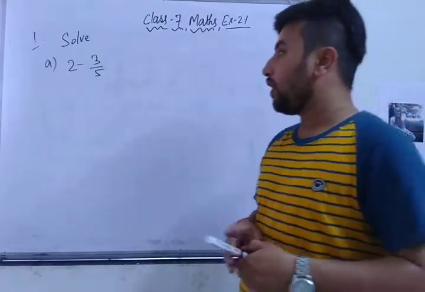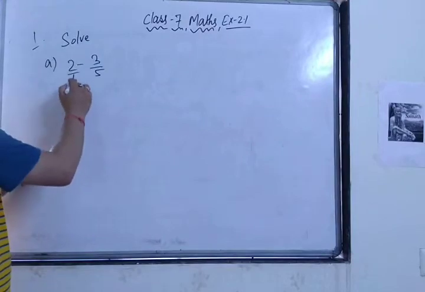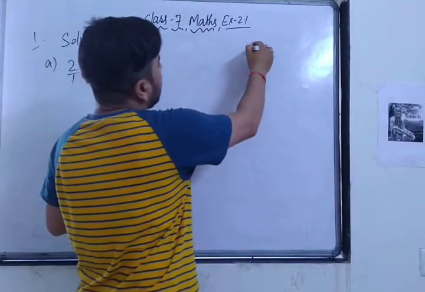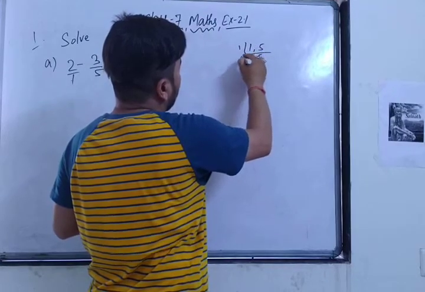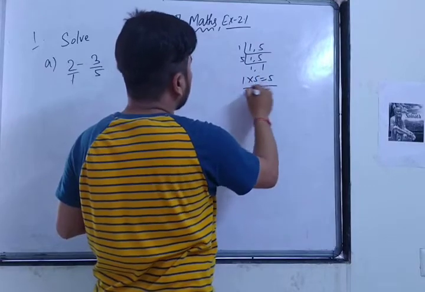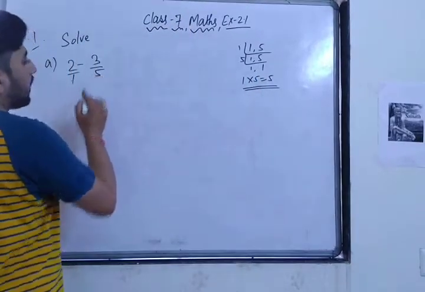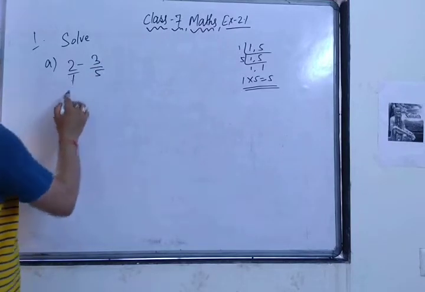So now how? First of all, nothing is there here, so we write 1. 1 and 5, you have to take the LCM of 1 and 5. 1 ones are 1, 5 ones are 5. So total 1 into 5 is equal to 5. LCM is 5. So here you can see, here already 5 is there and here 1 is there. So we have to change this number into 5.